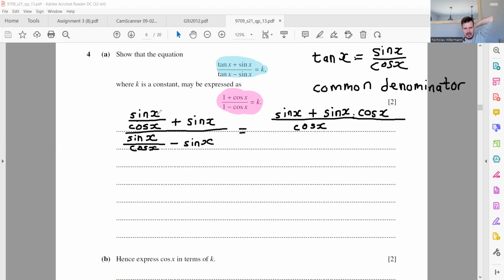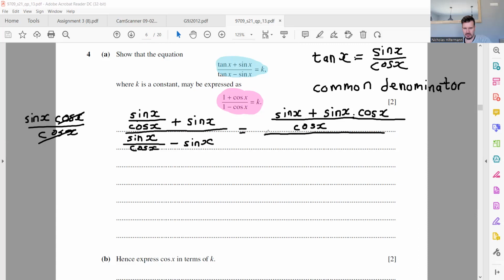Notice that I am only taking this top and writing it in a different way. So the sine x, I wrote that like a sine x cos x. Oh my gosh, this is so slow. Notice that if I cancel the cos x's, I'd get back to the sine x. So I'm simply writing the sine x as sine x cos x over cos x. And that's so I have a common denominator.